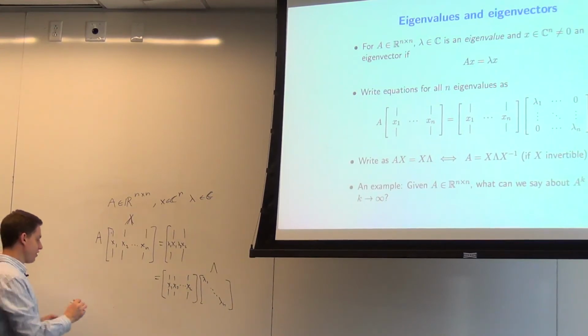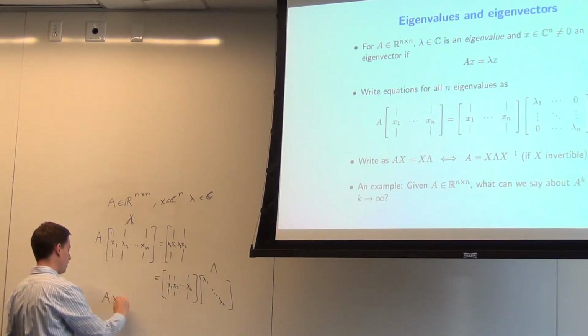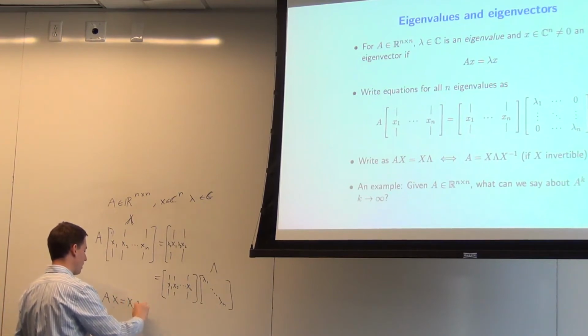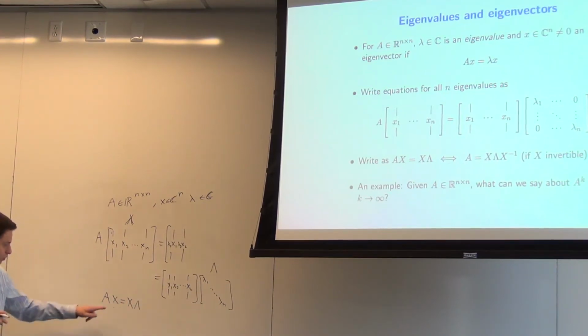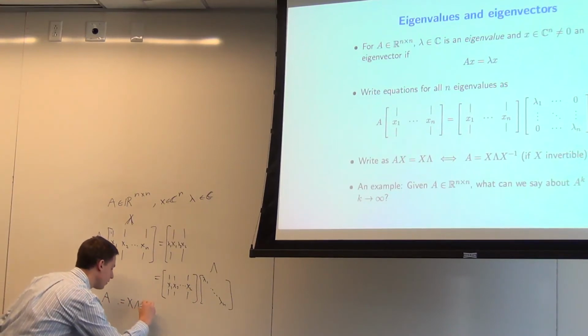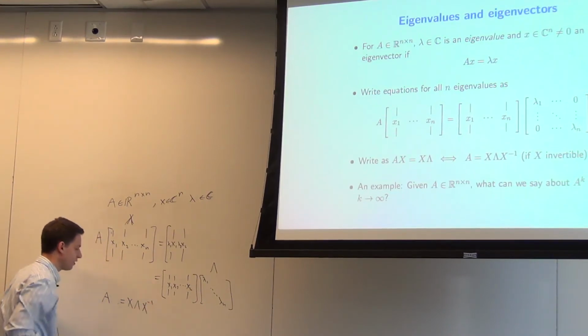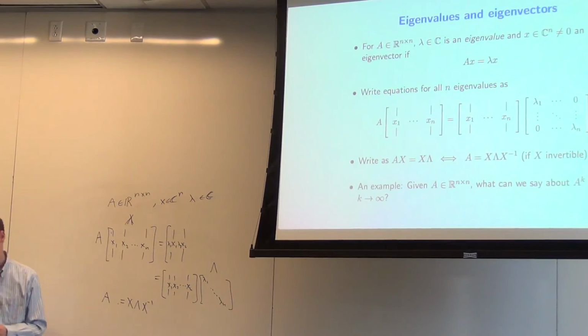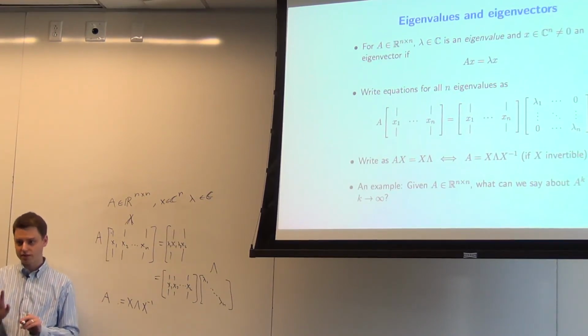Now, what this equation says is that A times X equals X times lambda. If we assume these are all independent eigenvectors, all I mean by that is that we can invert this matrix X. So A is equal to X lambda X inverse. I went through a lot of steps there, and again, don't worry about the steps, because it's not the important point.